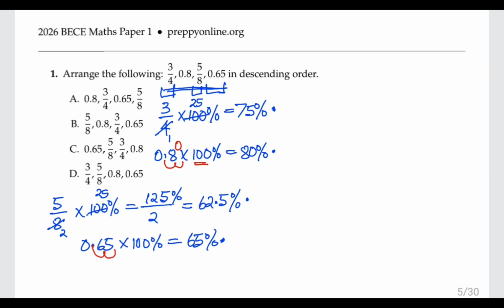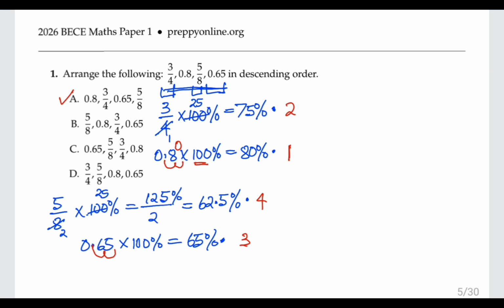If we are to arrange these, the biggest is 80, the second biggest is 75, the third biggest is 65, and the fourth is 62.5. So that means 0.8 is the biggest number, and our answer is A. 0.8 is the biggest, followed by 3/4, followed by 0.65, followed by 5/8.